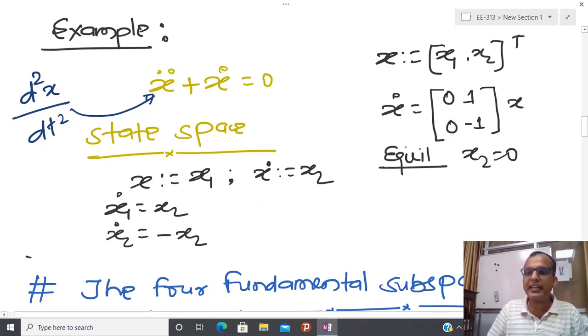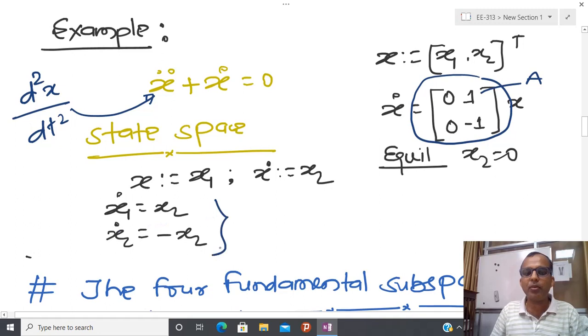And here you can see that again, in order to find the equilibrium point, this is a matrix, so somehow you have to solve Ax equal to 0. If you put x1 dot equal to 0 and x2 dot equal to 0, then from here I will get x2 equal to 0.